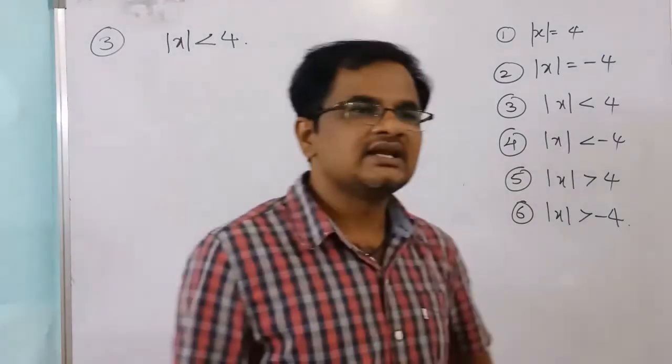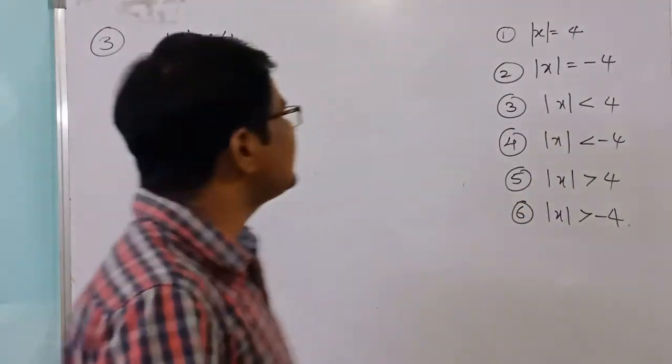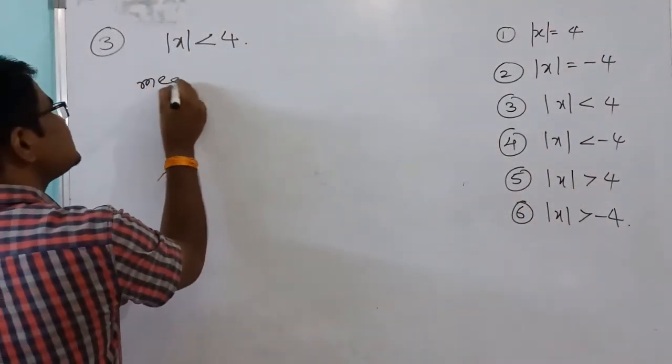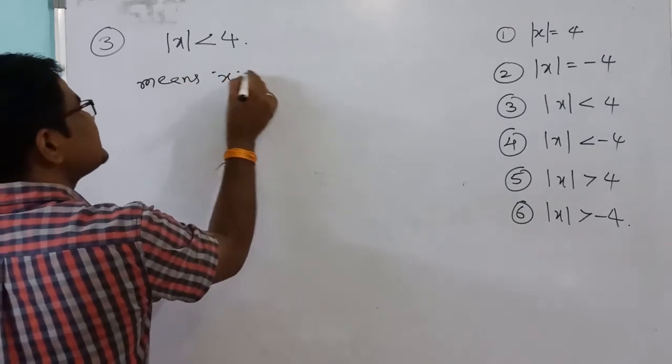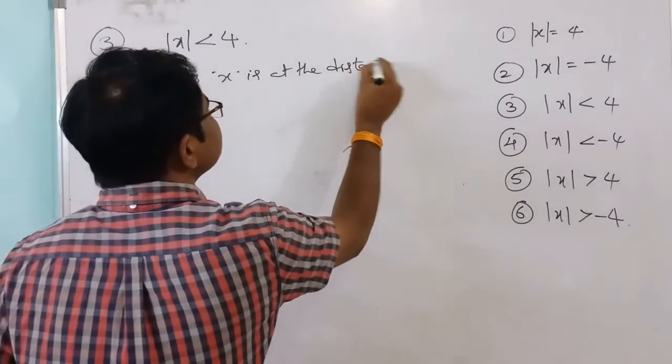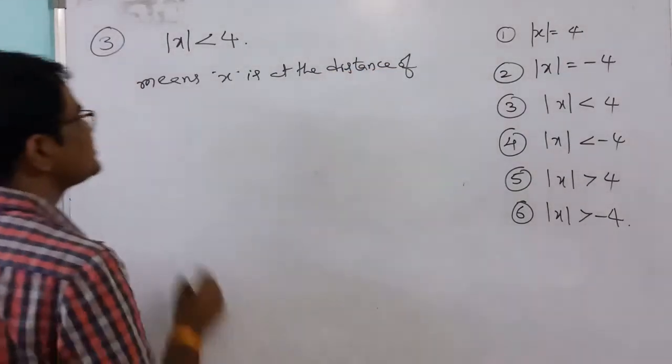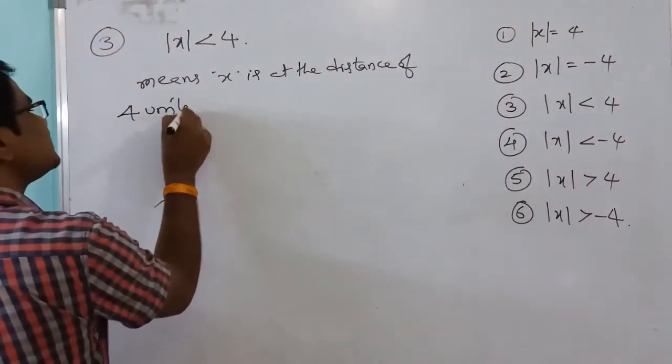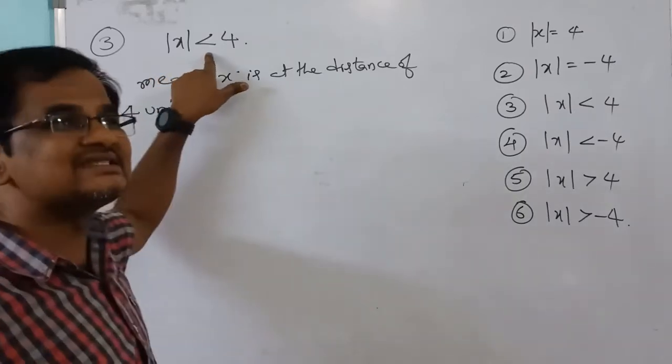Mod x is less than 4. So what is the meaning here? It means x is at a distance of 4 units, but here less than is there.